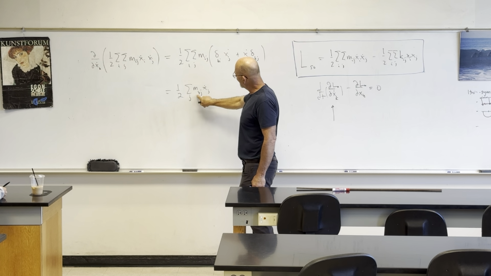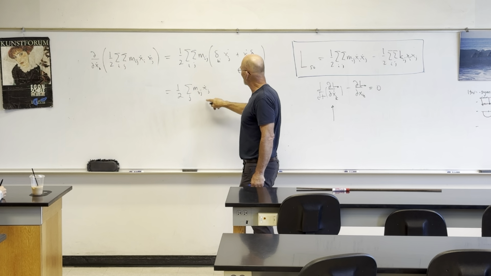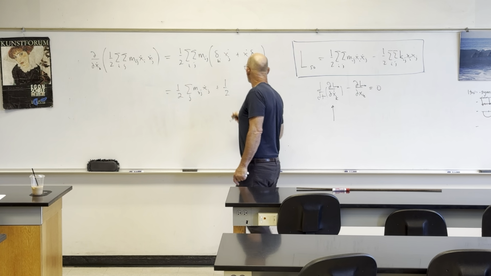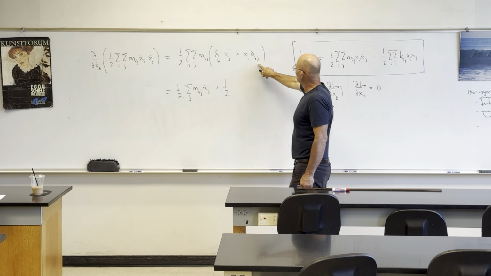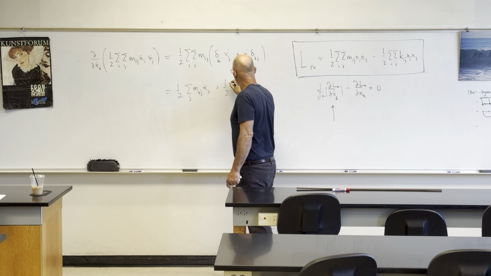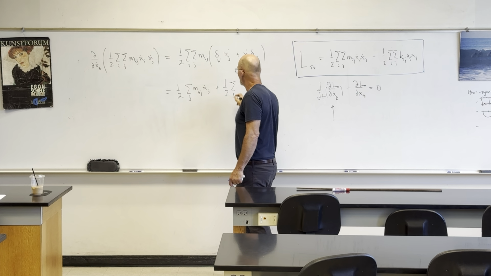So you name that mik, carry j down, j xj dot. And the second one, we're going to do something similar. It's only when j is equal to k that we get a non-zero.